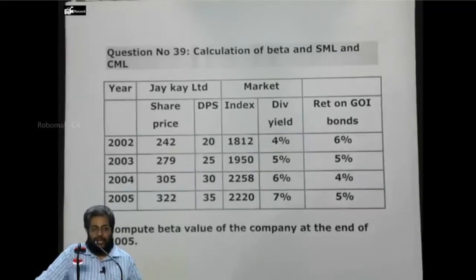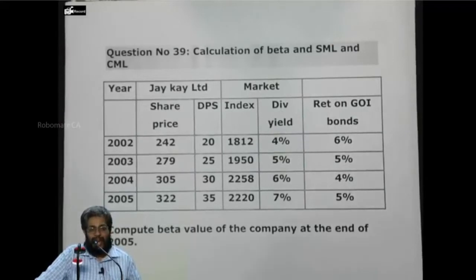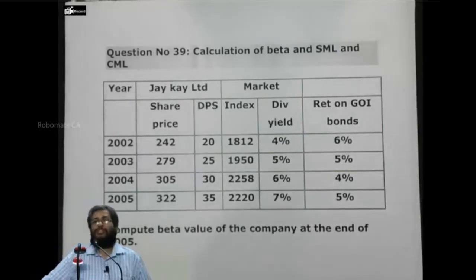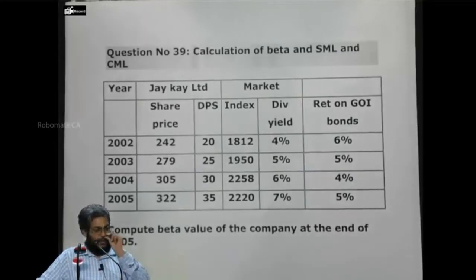We'll extend the question to also discuss the characteristic market line and then systematic and unsystematic risk. The question can stand extended.